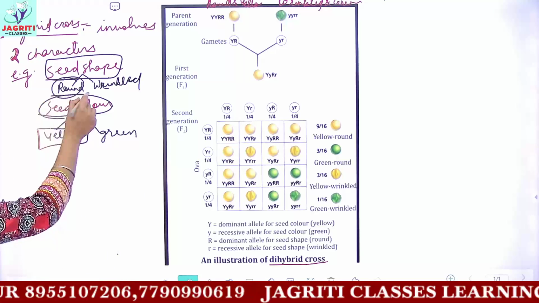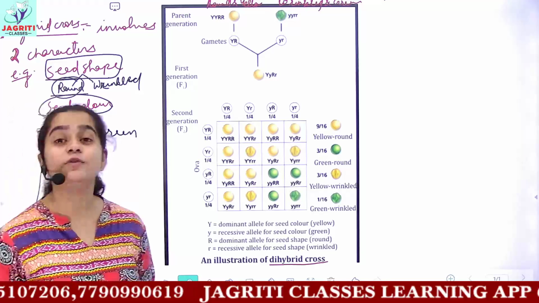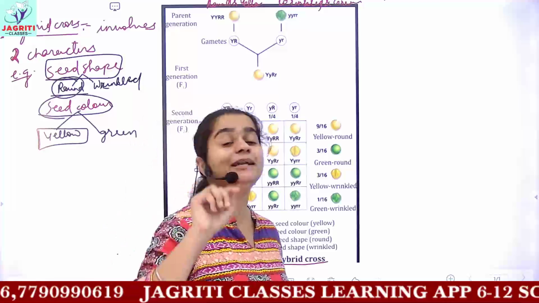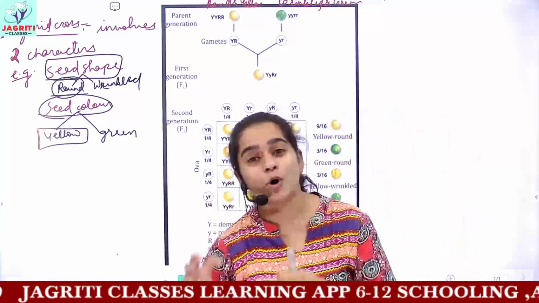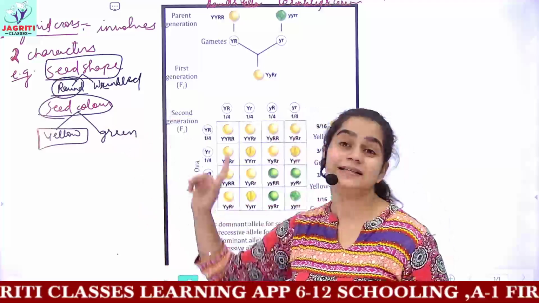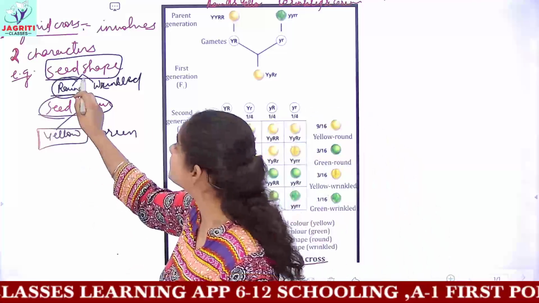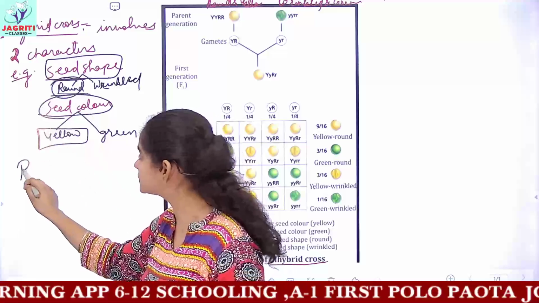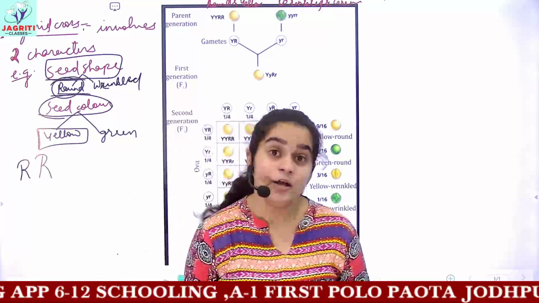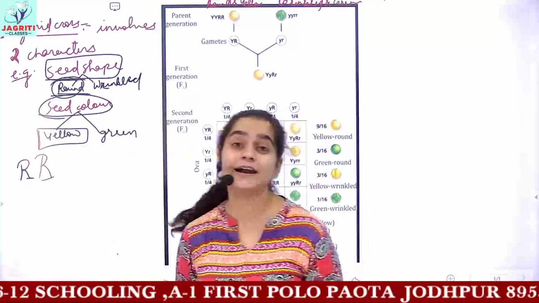So now, because round is a dominant trait, I told you for dominant traits you use capital letters or capital symbols, and the same symbols in smaller letters are used for recessive. So for the round and yellow plant, for round I will use the symbol capital R, capital R. Why am I using capital R twice?